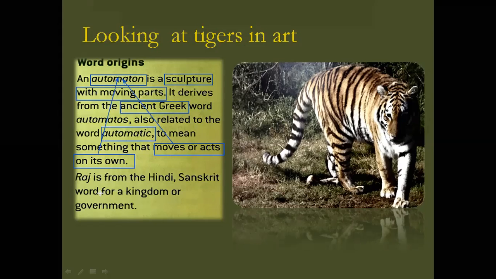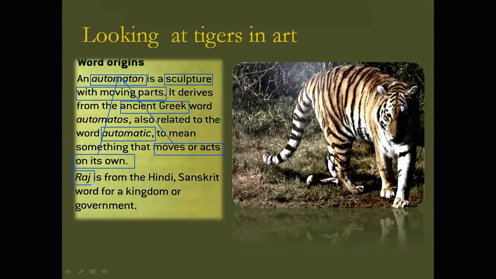Okay. So now here, the Raj is from the Hindi Sanskrit word for kingdom, government. And you know that the Indian people use this word Raj a lot. Sorry to say that, but they believe Raj is a god, like in ancient Egypt they used to worship the sun, right?